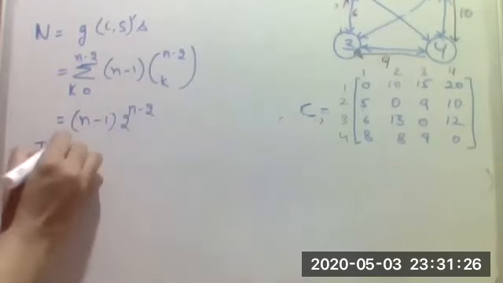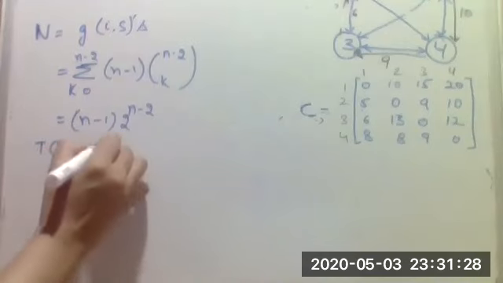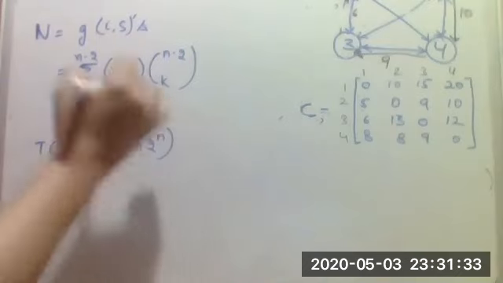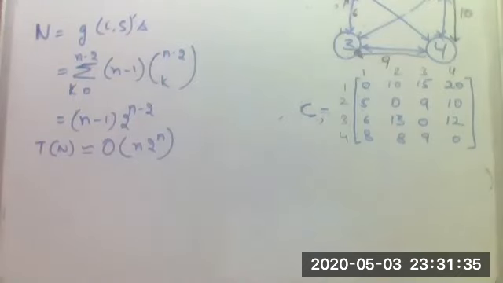So our time complexity in this case is proportional to n into 2 raised to power n, which is quite high for smaller values of n also.